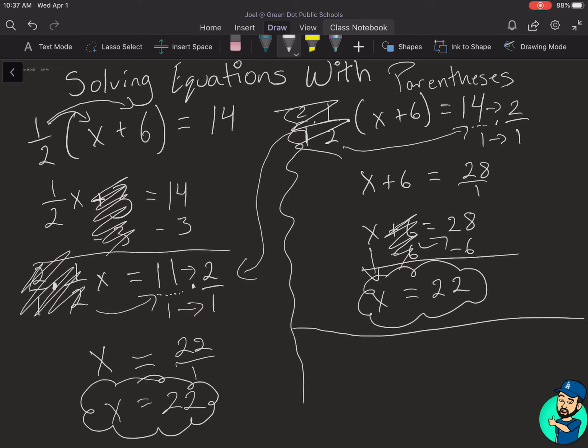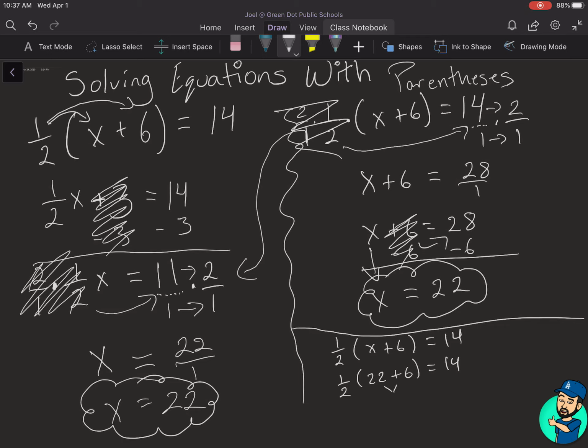Let's check our work. I'm going to write down the original problem here. Half, parentheses, x plus 6 equals 14. Now I'm going to substitute the x with 22. In order of operations, PEMDAS, parentheses comes first.